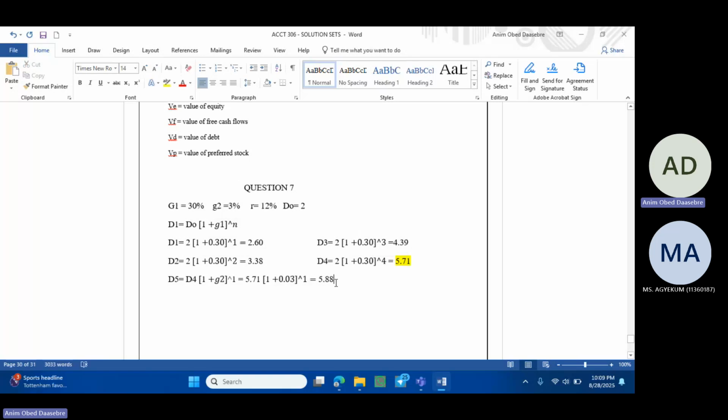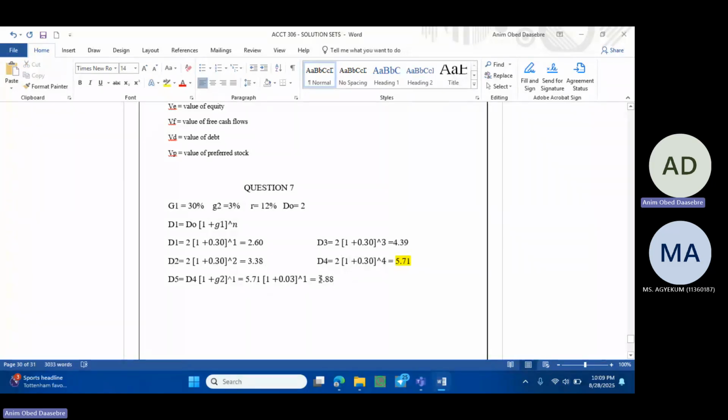So when you find that price at the end of year 4, you add it to the dividend value, the D4 dividend value. You add it together, then you discount all the D1, D2, D3 to D4 to the present.